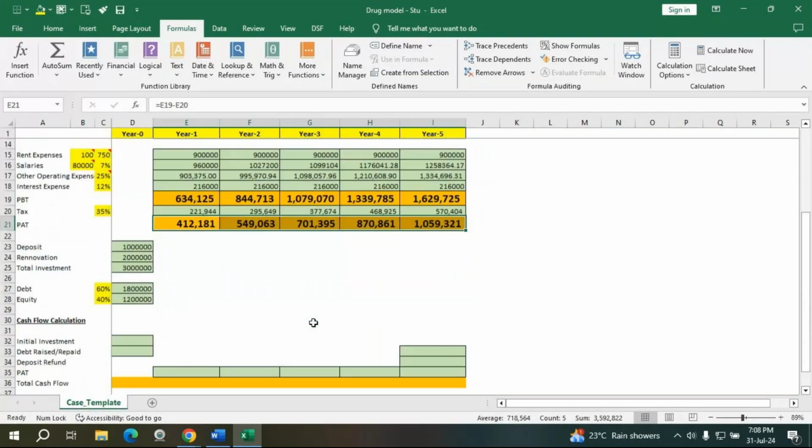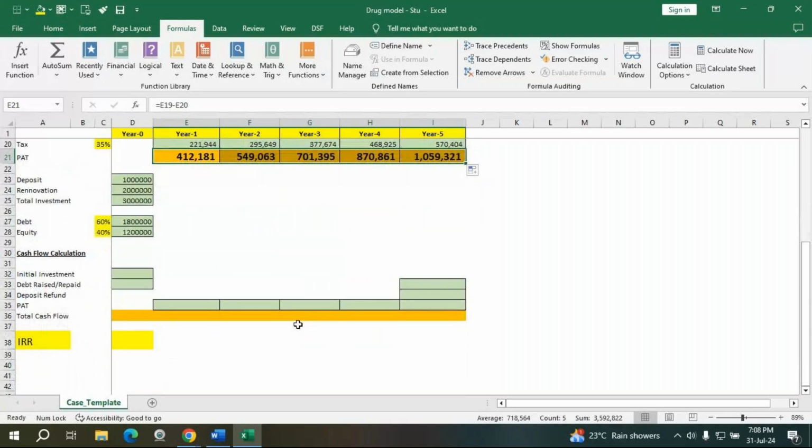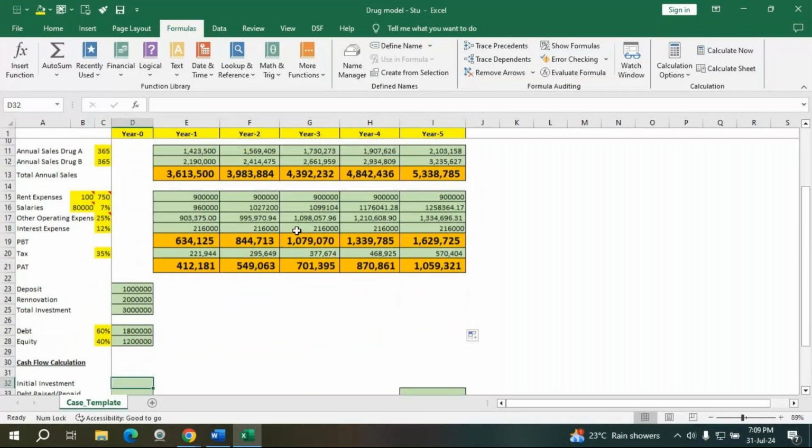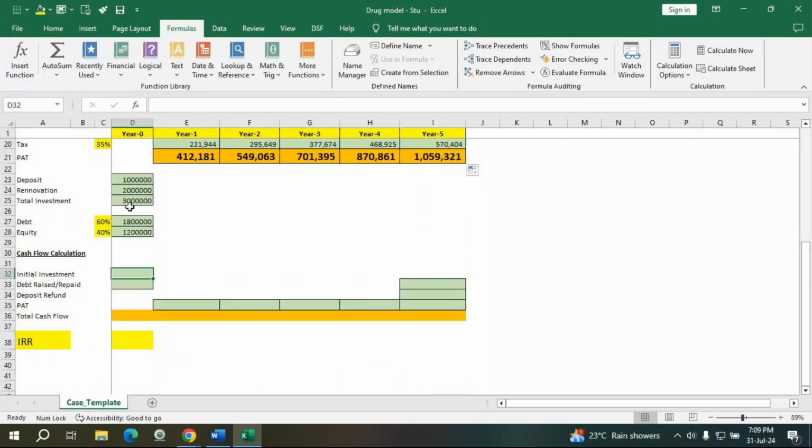Now we have to do our cash flow statement. Here, the initial investment, how much are they telling? 30 lakh rupees. So 30 lakh rupees I'm investing means the money is going out of my pocket, isn't it? So I will take this value in minus 30 lakh rupees.